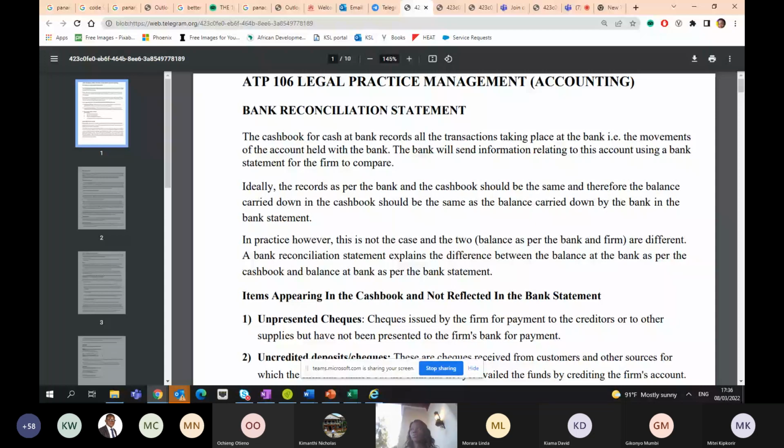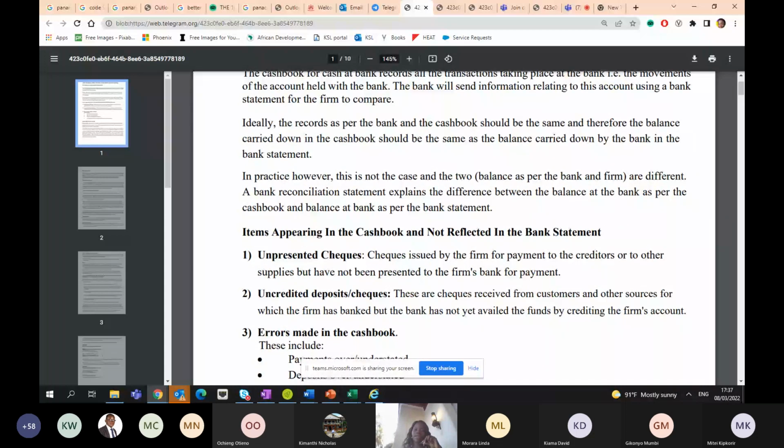Sometimes the numbers don't tie, i.e. the things that you've recorded in your books will not be the same as the number recorded in your bank statement. A bank reconciliation helps a company, or an individual, but mostly companies, figure out how the variances in the amounts can be explained. So it's just a way of explaining the differences.